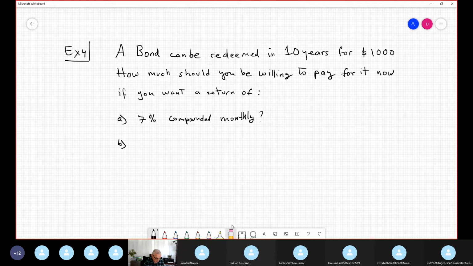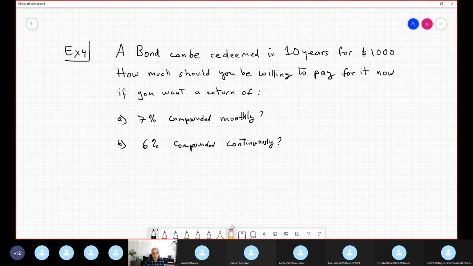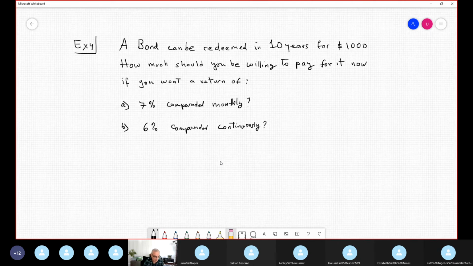And another possibility is 6%, compounding continuously. Okay. This is the problem that we have, two possibilities, no? This is typical in the test. Entonces you compute both, you select the best way, so the best scenario. Okay.